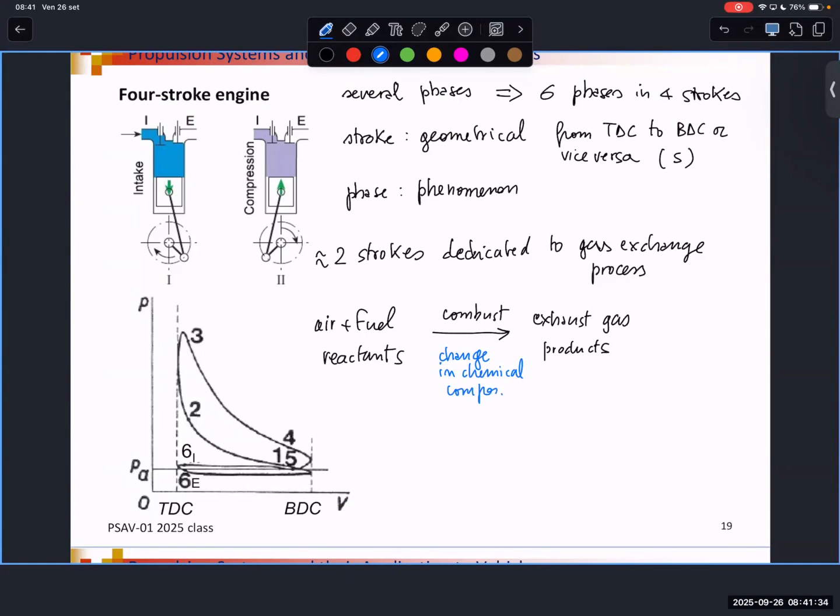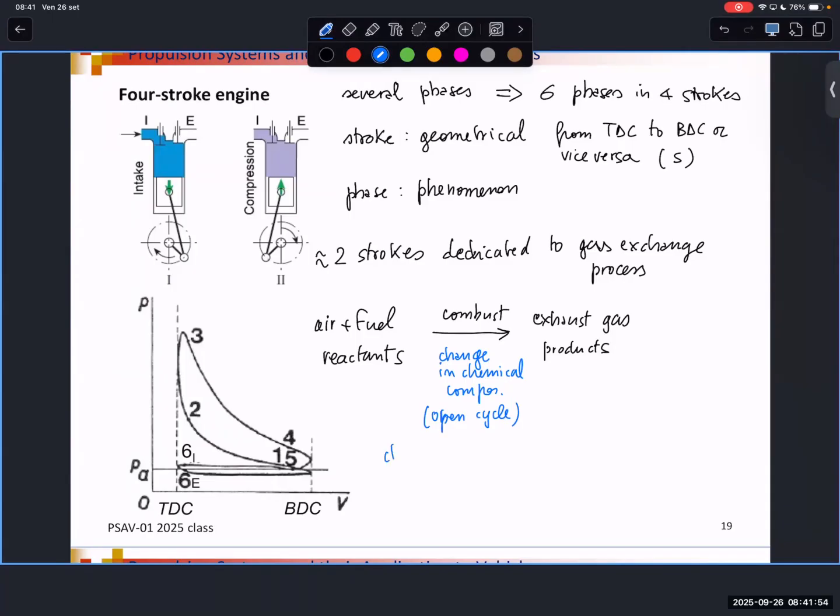So the cycle that we are going to describe is an open cycle because we have to replace the exhaust gas with fresh charge. Practically 2 strokes are dedicated to this process.